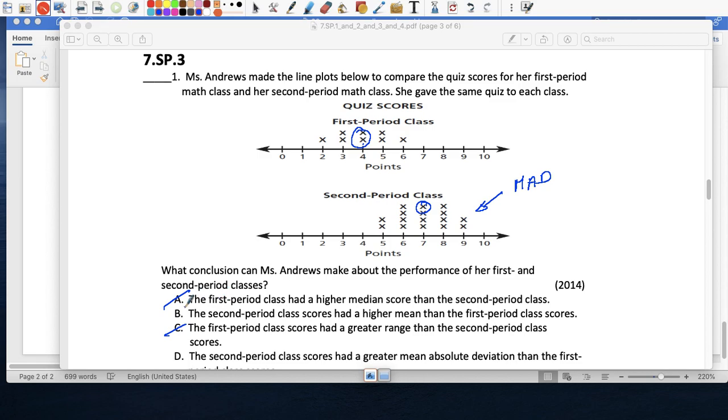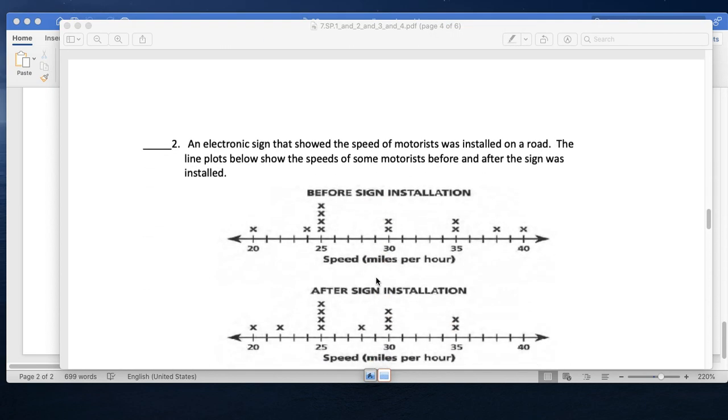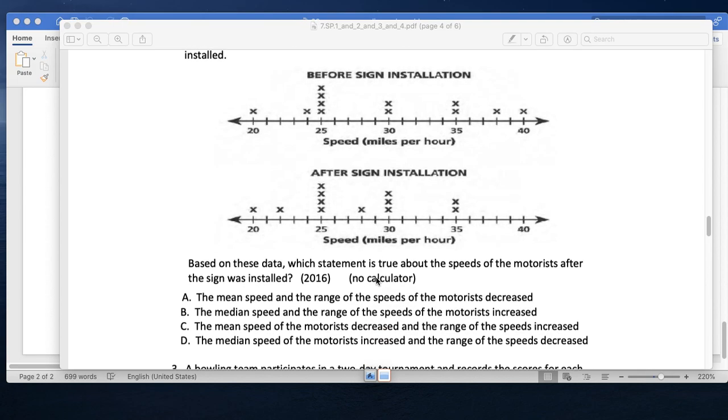So the only one that's really definitive is that the average score for second period class is definitely greater than the average score in class A. That would be B.